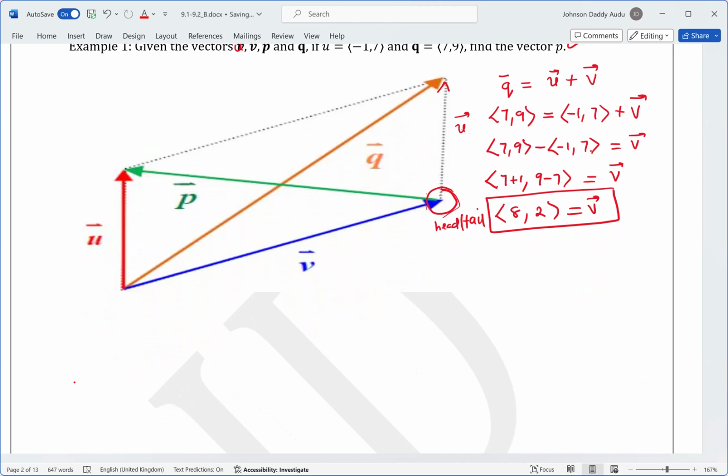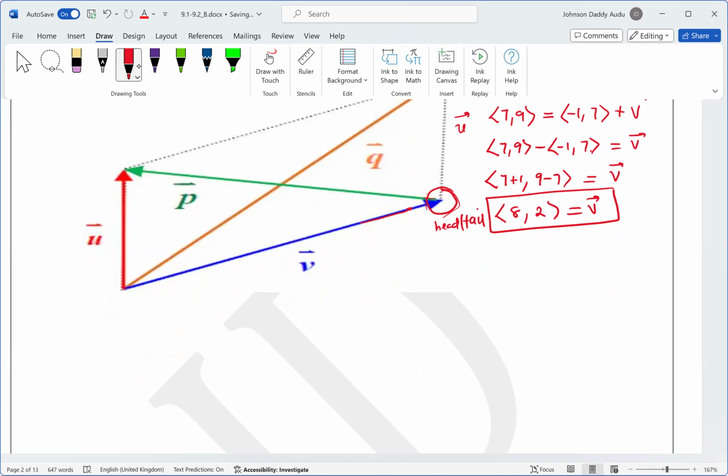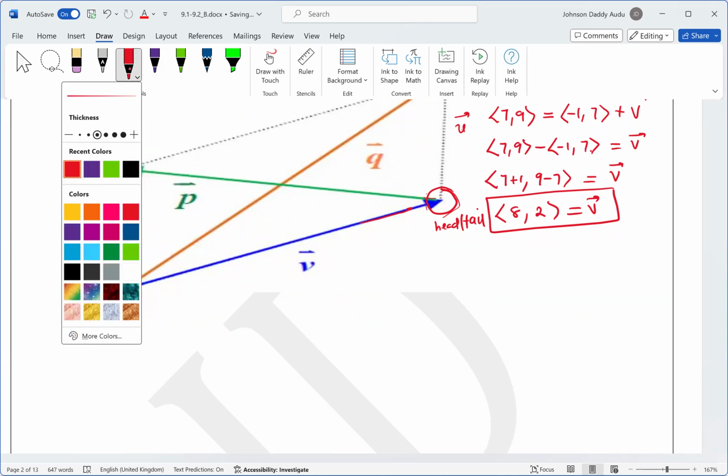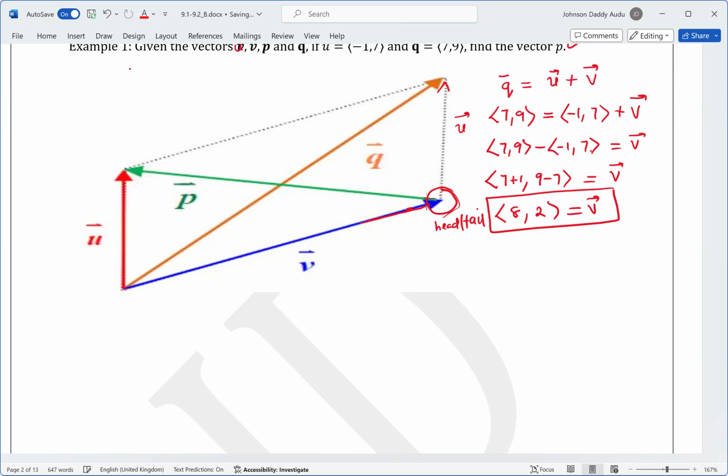There's also a tail to head arrangement between V and P. Because this is the head of V, and this is the tail of the green one, which is P. So it means that the resultant is going to start from the tail of V to the head of P. So this vector here is the resultant.